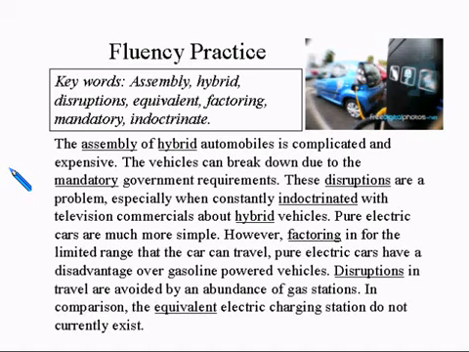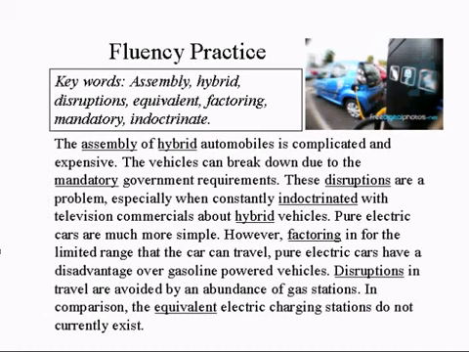These disruptions are a problem, especially when constantly indoctrinated with television commercials about hybrid vehicles. Pure electric cars are much more simple. However, factoring in the limited range that the car can travel, pure electric cars have a disadvantage over gasoline-powered vehicles. Disruptions in travel are avoided by an abundance of gas stations. In comparison, the equivalent electric charging stations do not currently exist.